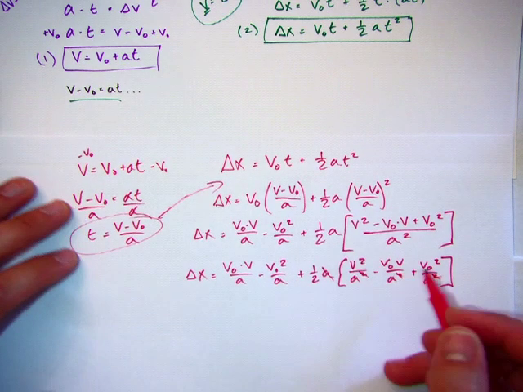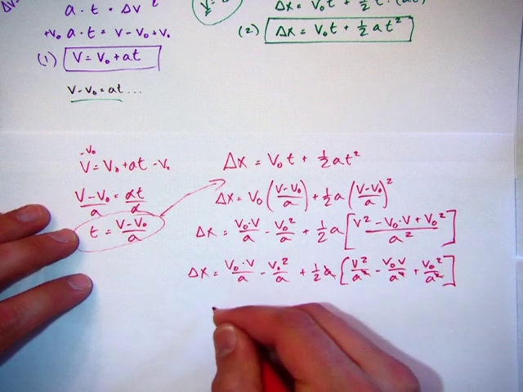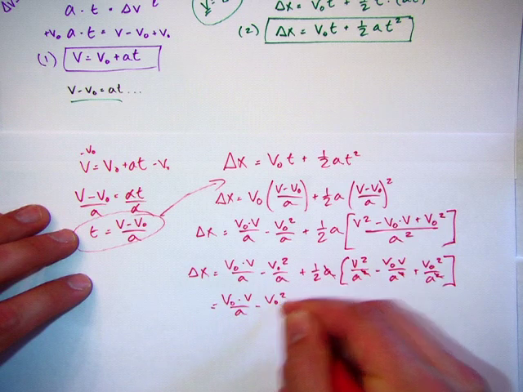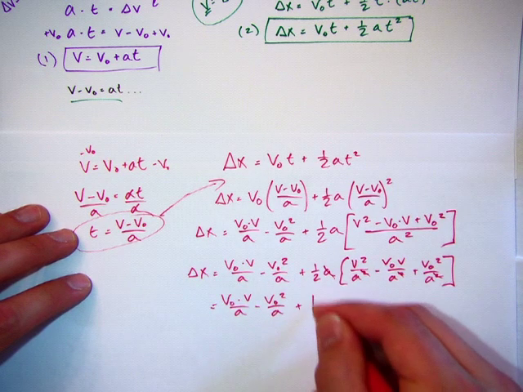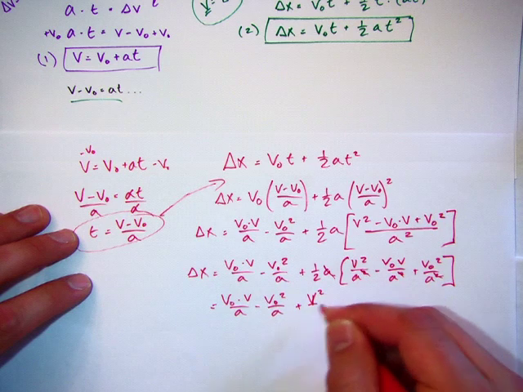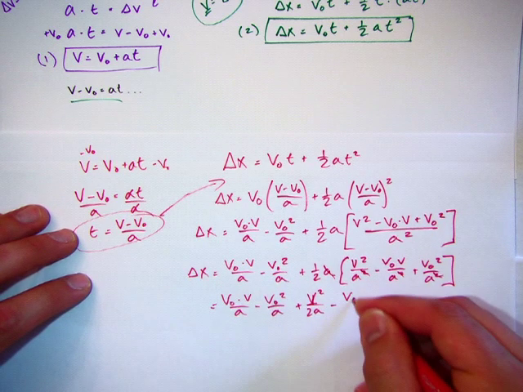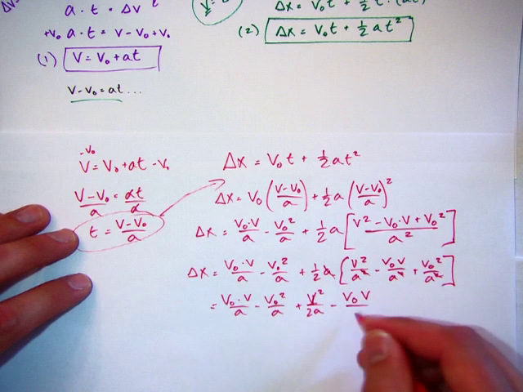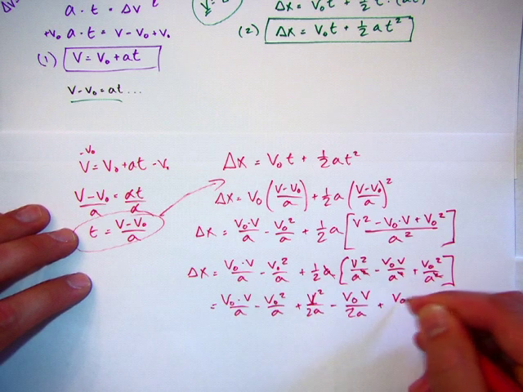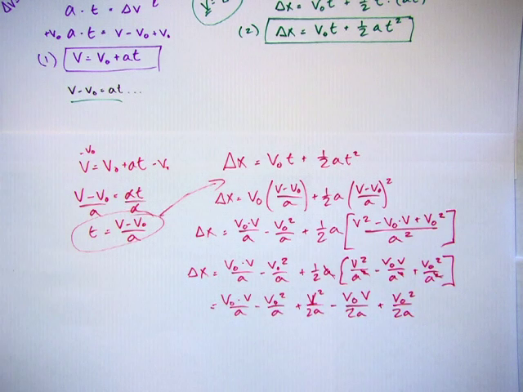And then let's multiply through the 1/2, so I end up with v naught v over a minus v naught squared over a plus 1/2, or let's just do v squared over 2a minus v naught v over 2a plus v naught squared over 2a.